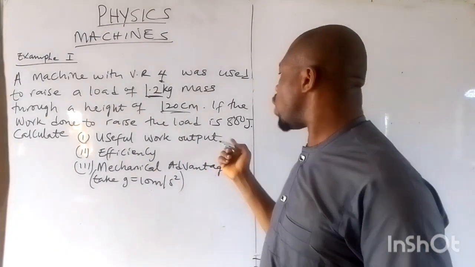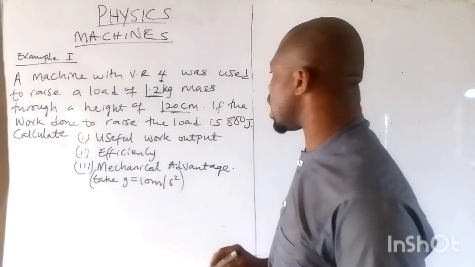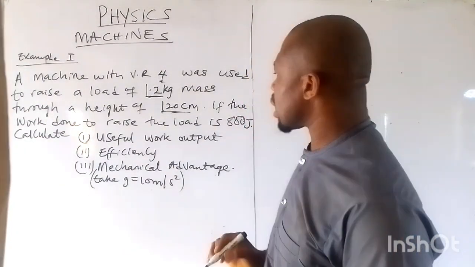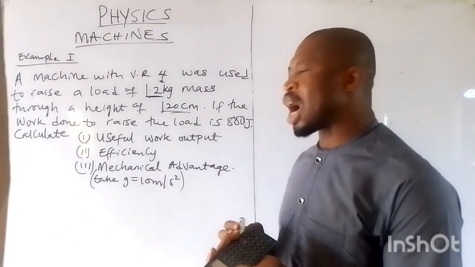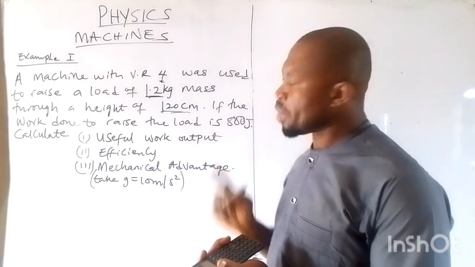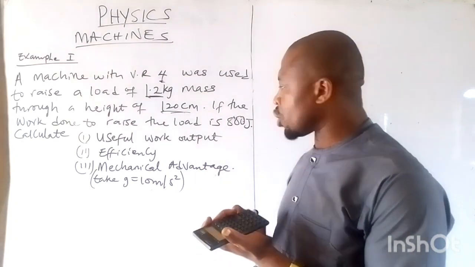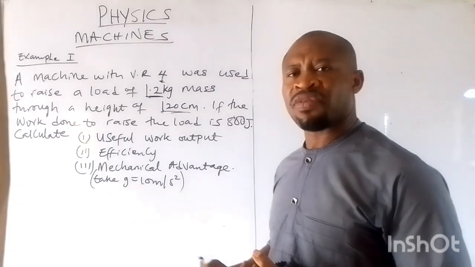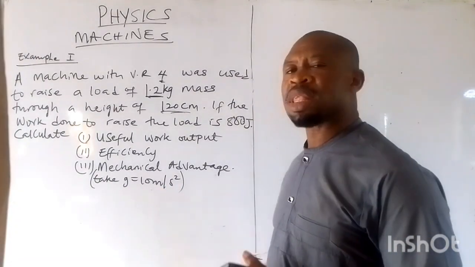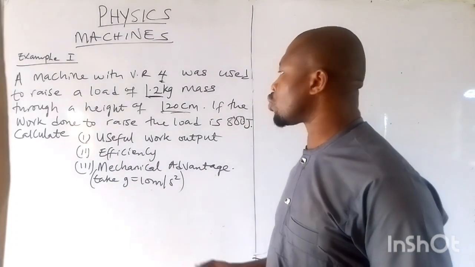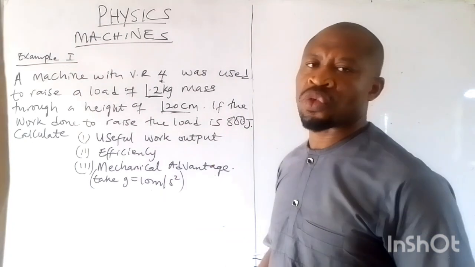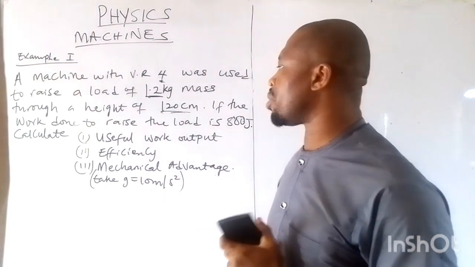If the work done to raise the load is 800 joules, calculate, number 1, the useful work output. Second, the efficiency. And third, the mechanical advantage. Here we are given that we will take g to be 10 meters per second squared. Every piece of information given here is useful. Do not do away with any of them.